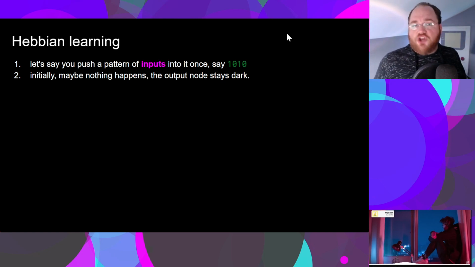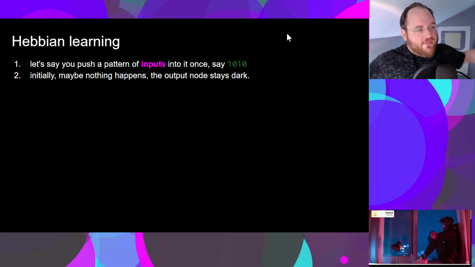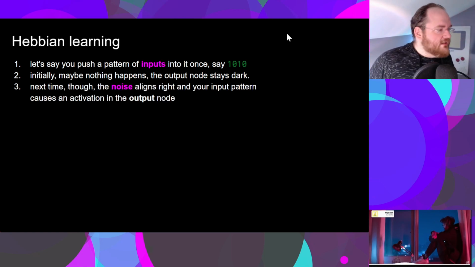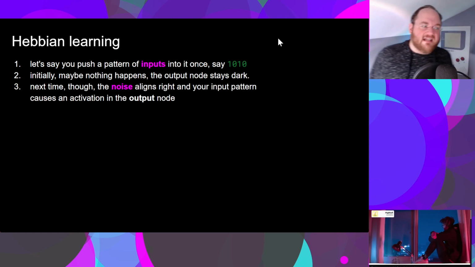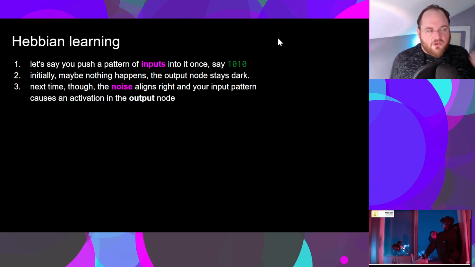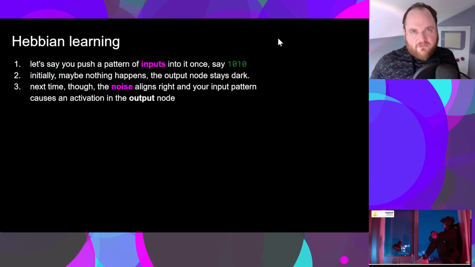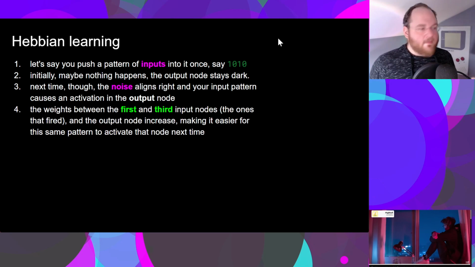Maybe the output node stays dark, it doesn't decide to fire because it was randomly just not right the first time. It's like applying to grad school, right? But the next time, the noise might just arrange just right that this random pattern that the network doesn't know anything about actually does produce a firing. The output node does light up.